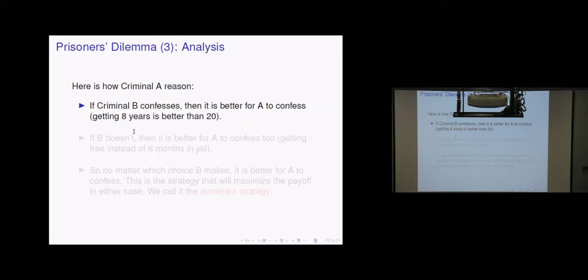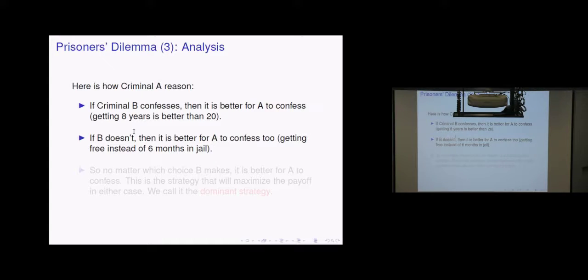So here's how criminal A reasons. If criminal B confesses, then it is better for A to confess because he gets 8 years instead of 20. If B doesn't confess, then it's better for A to confess too, because getting free is better than staying 6 months in jail.